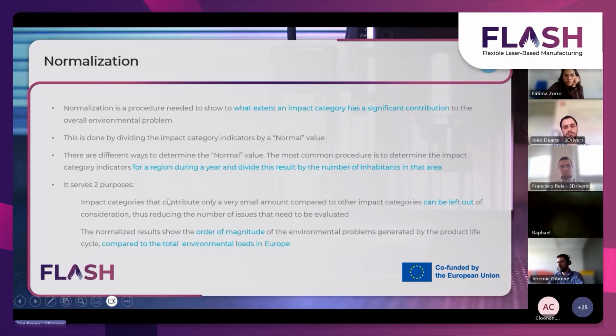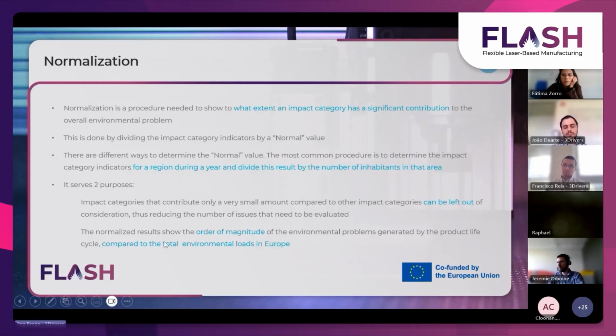The impact categories that contribute only a very small amount compared to other impact categories can be left out of consideration, reducing the number of issues that need to be evaluated. Of course, it can identify the top 5, top 10 of the impact categories to analyze and to focus on, to try to improve.